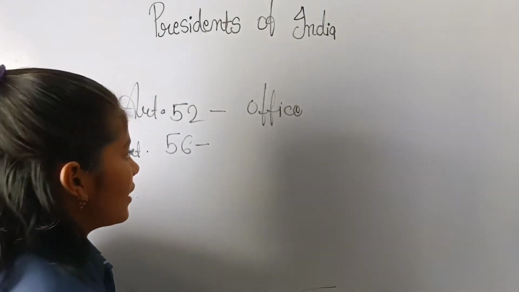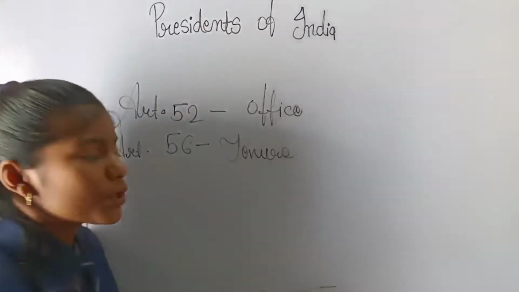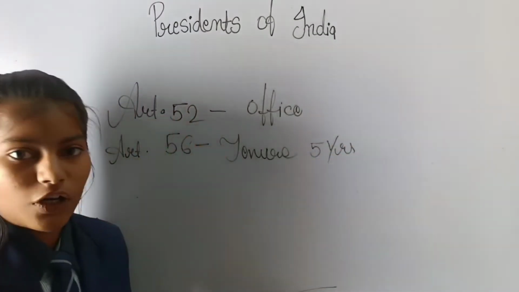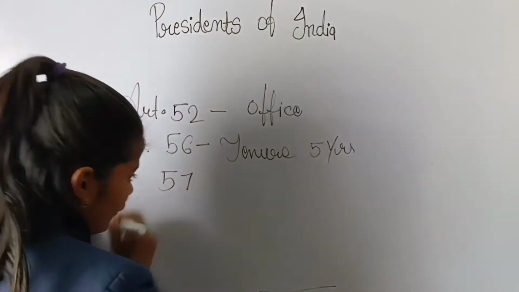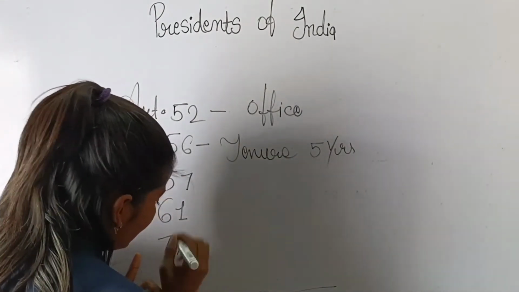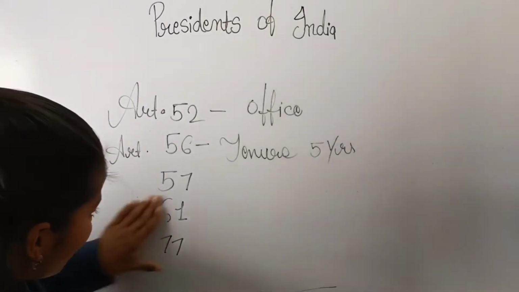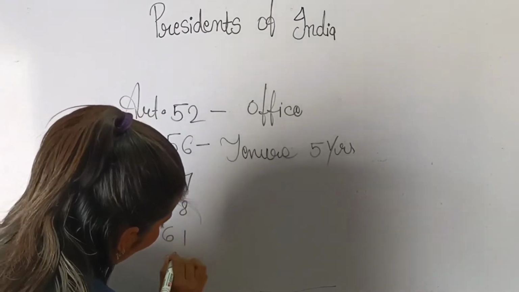Next comes Article 57, then Article 61, then 77. These are important articles. One more article is left, which is Article 58, along with 61 and 77.